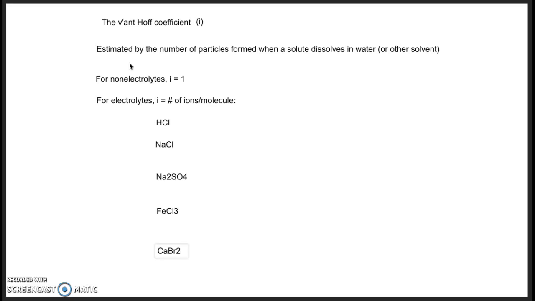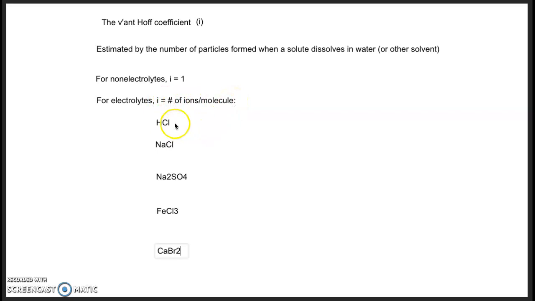Now for non-electrolytes, if you think back to the examples we had with vapor pressure, when we were dissolving non-volatile particles, things like ethanol in water, sugar in water, the Van't Hoff coefficient is simply 1, and so the equations that we have would not change whatsoever.